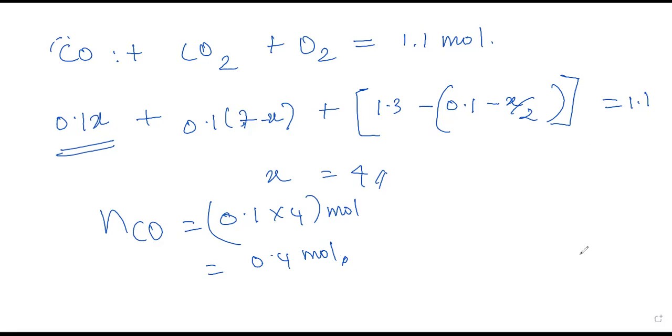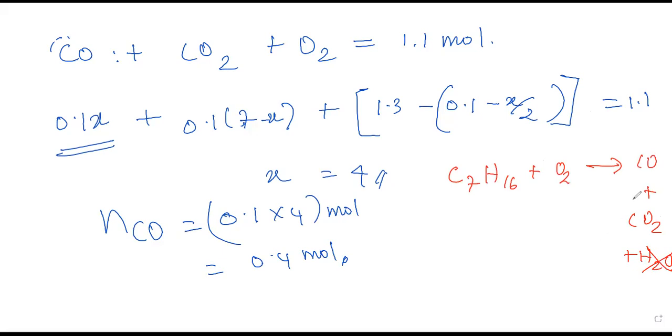Again, I'm just recapping this question. According to this question, we are using heptane C7H16 subjected to O2. You will end up with carbon monoxide, carbon dioxide, and water. The water is negligible, we are not talking about that.